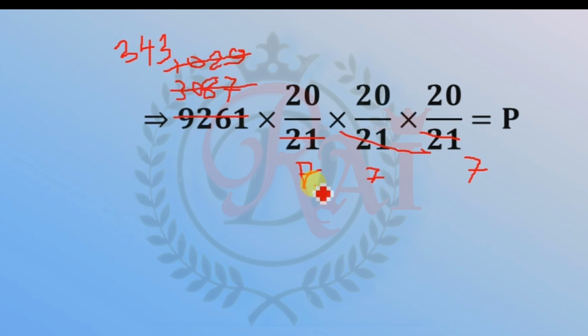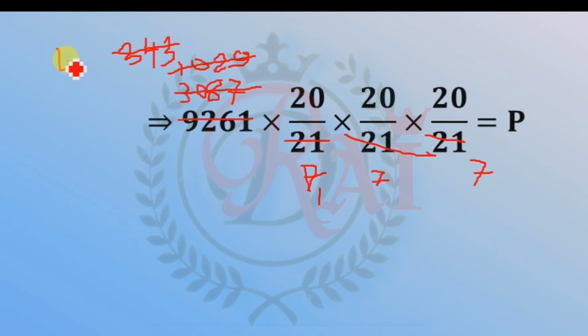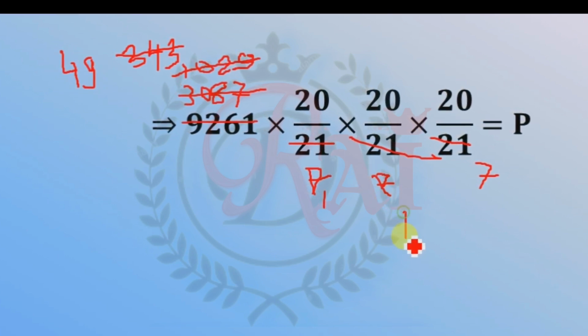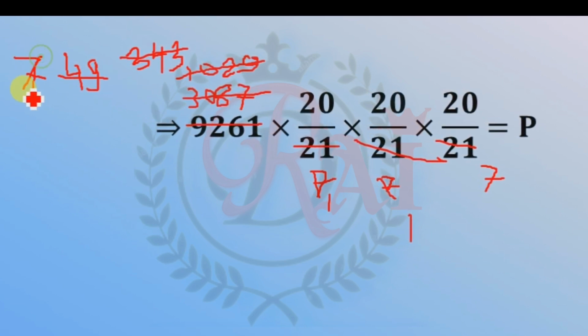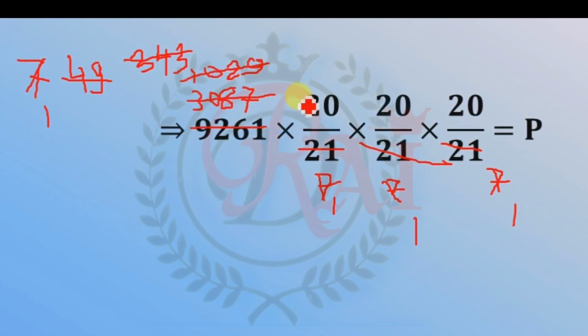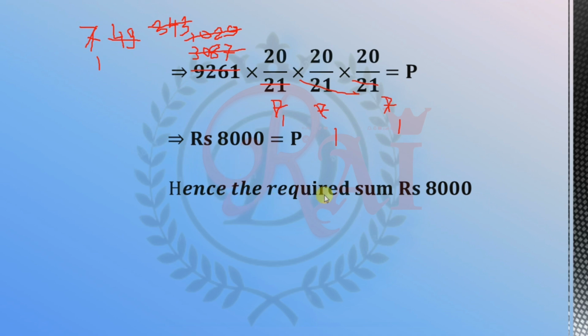Now cancel it with 7. 7 1s are 7, 7 4s are 28, 7 7s are 49. So p is equal to 1 2 3, 2 2s are 4, 4 2s are 8. So p is equal to rupees 8,000. Hence the required sum is rupees 8,000.